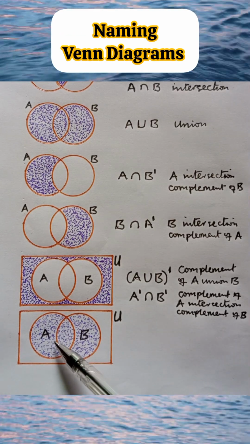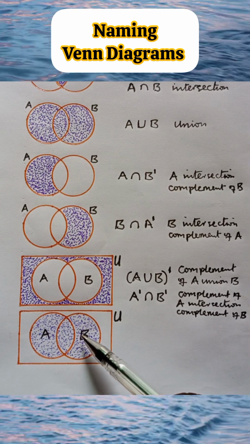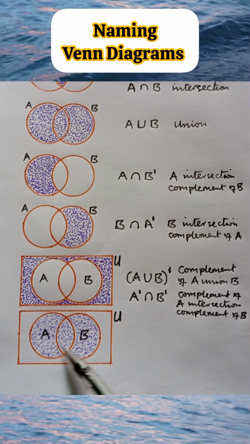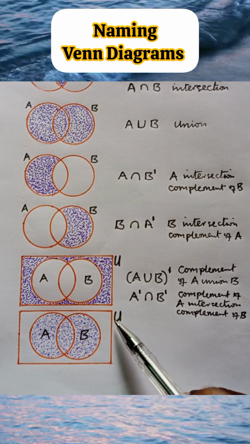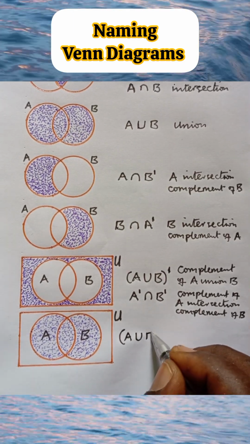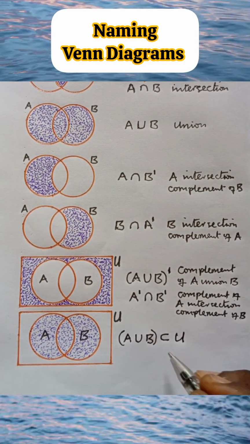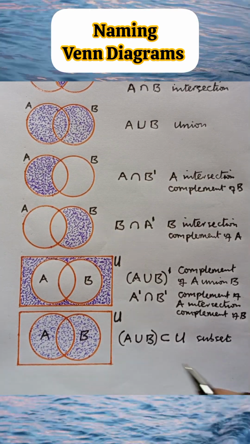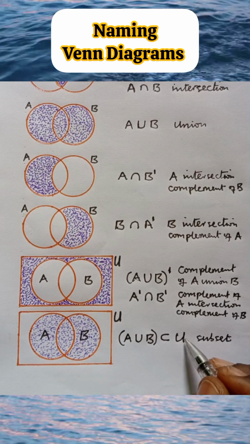It means A is a subset of the universal set, and likewise B is a subset of the universal set, which also means A union B is a subset of the universal set. And this is written as A union B, a subset of the universal set. This sign here is called subset. So we have it that A union B is a subset of the universal set.